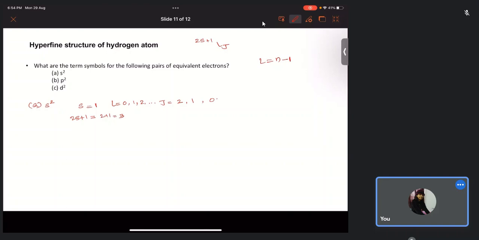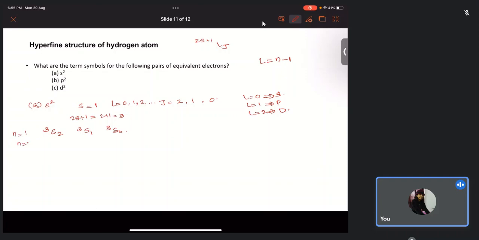So in this particular case, you can have different values of L. If L is equal to 0, then it is going to be S. L is equal to 1, then it is going to be P. L is equal to 2, then it is going to be D. So 2S+1 is 3, so 3S1, 3S0, when n is equal to 1.